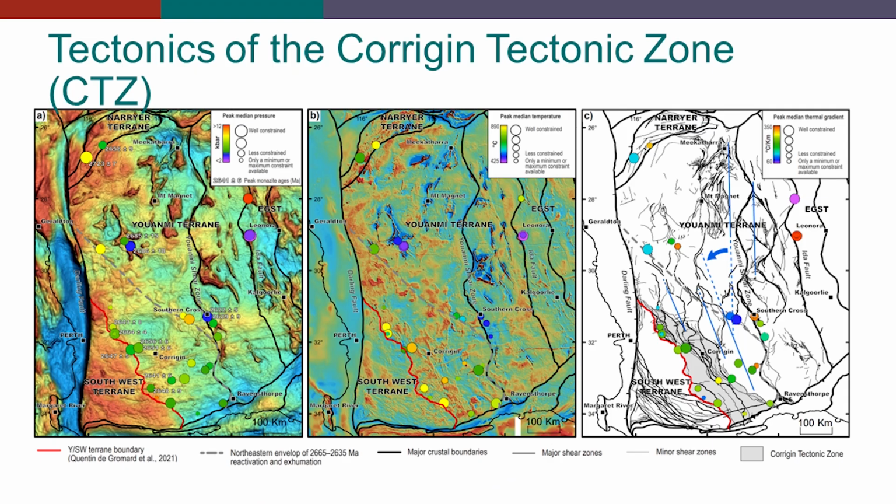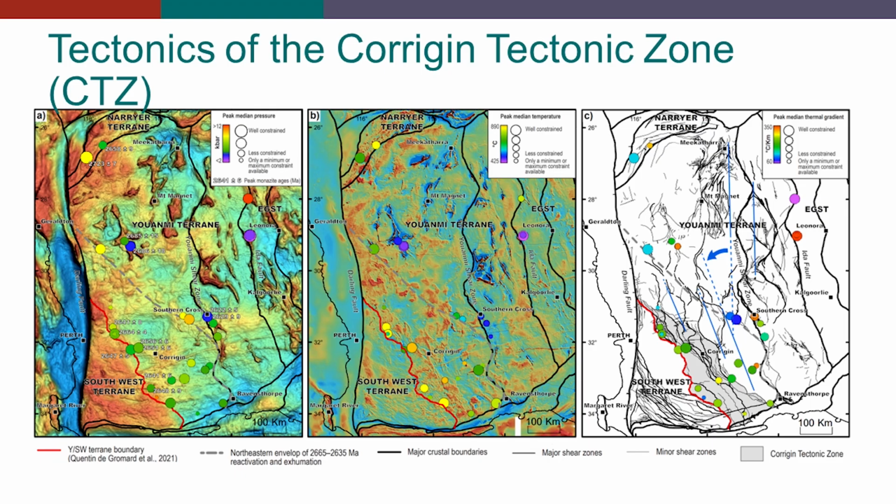All right, now I'll talk to you for the next few slides about our progress in the understanding of the tectonics of the Corrigin tectonic zone. The Corrigin tectonic zone, so here we've got the gravity, we've got the mag through here, and then I've got a simplified structural interpretation for the whole West Yilgarn project.